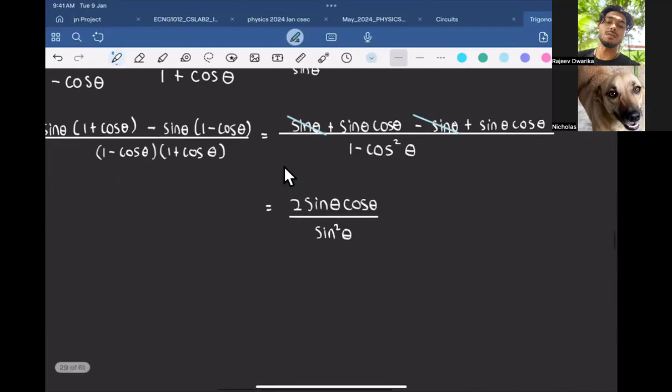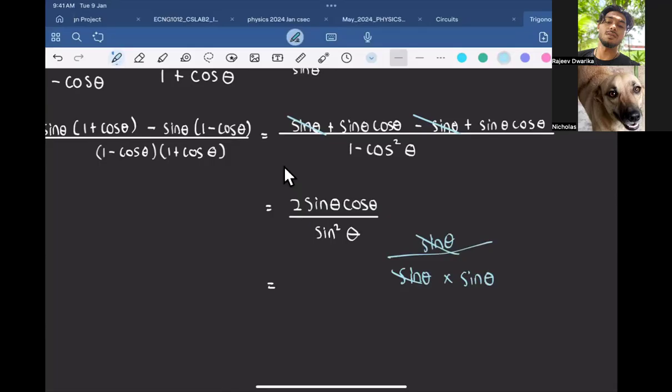Do you see anything that can cancel off? Yeah, the sine squared theta and the sine theta. Sine squared theta means sine theta by sine theta, and we have a sine theta on top. So how much sine theta is left in the bottom? 1. So that'll be sine to what power?